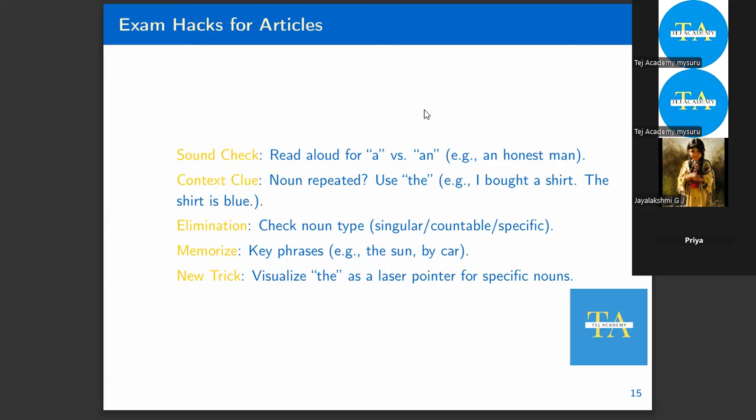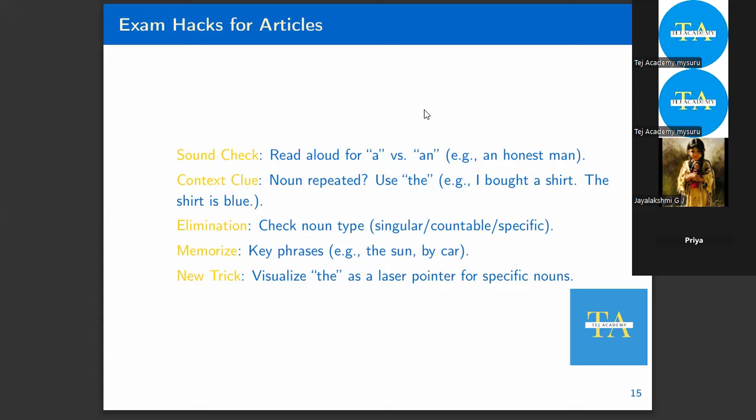So for the first time, we will use the noun with the article a or an, whichever depends on the sound of the given noun. And then we will go with the. So I bought a shirt. The shirt is blue. I bought a chair, and the chair is strong, like that.